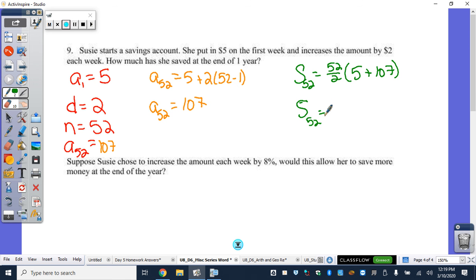So how much did she deposit in 1 year? Should get 2,912.